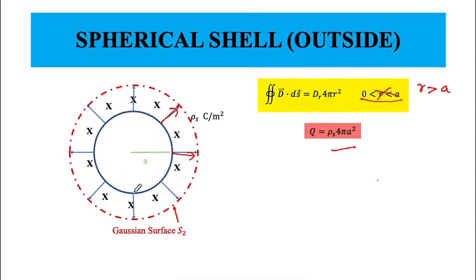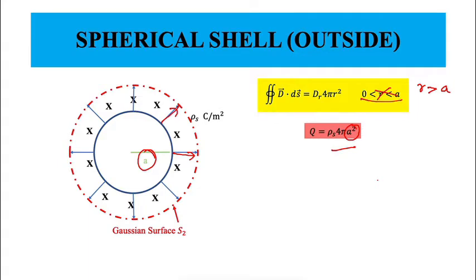The original cell has a radius of a. Therefore, the right hand side becomes rho_s 4 pi a squared. Is that correct? So the right hand side will be equal to rho_s 4 pi a squared. That is the total charge that we have.